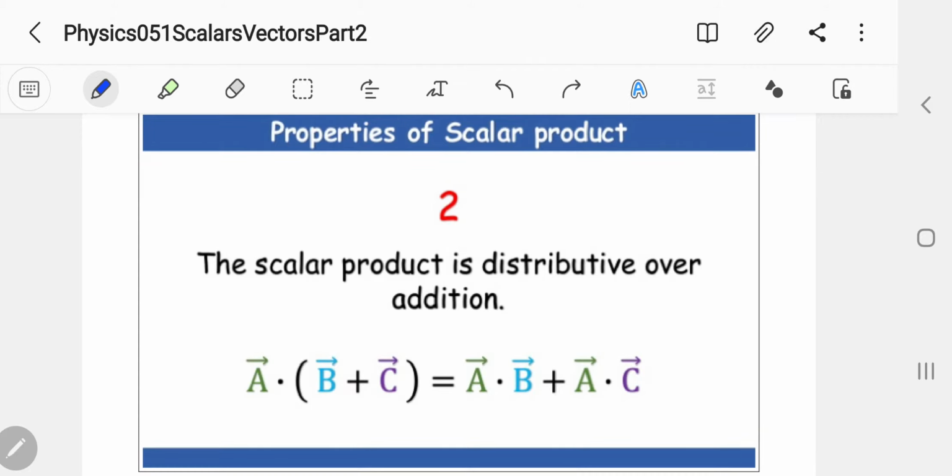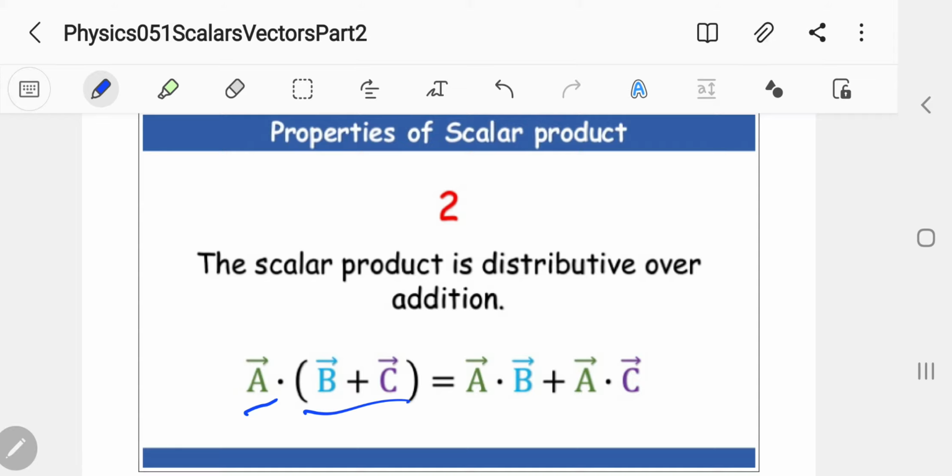Also, the scalar product is distributive over addition. So if you dot a vector A to a vector sum, it's the same as dotting A individually to the two vectors that were summed.